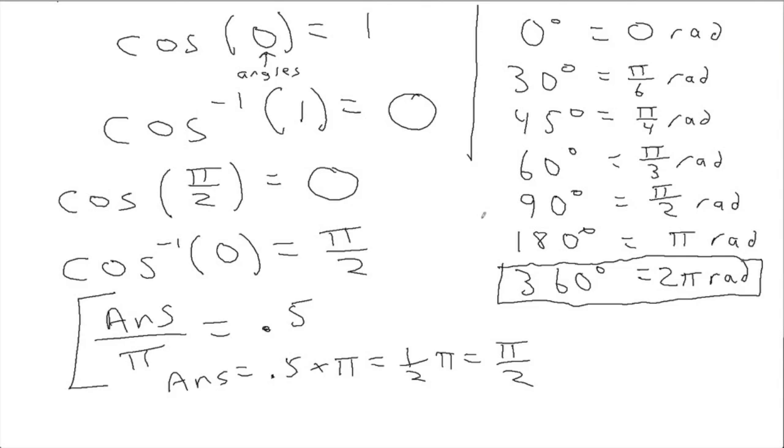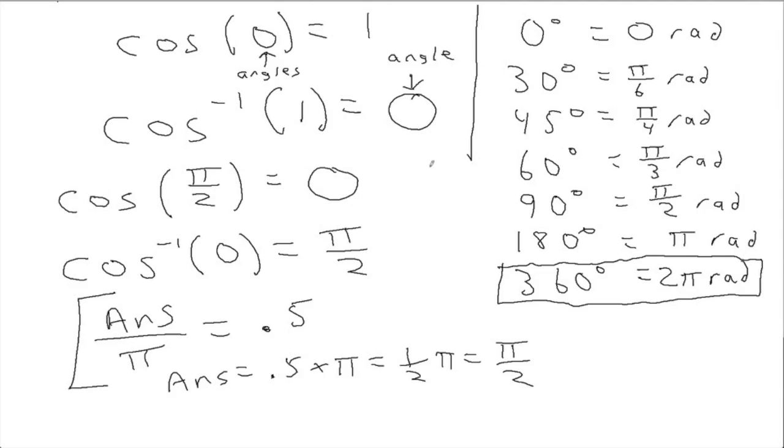Okay, so here's the point we were making. The input to a cosine is an angle. And the output from a cosine then is just an ordinary number. But the inverse cosine is the inverse of cosine. So since the input to the cosine is an angle, the output from an inverse trig function is an angle.